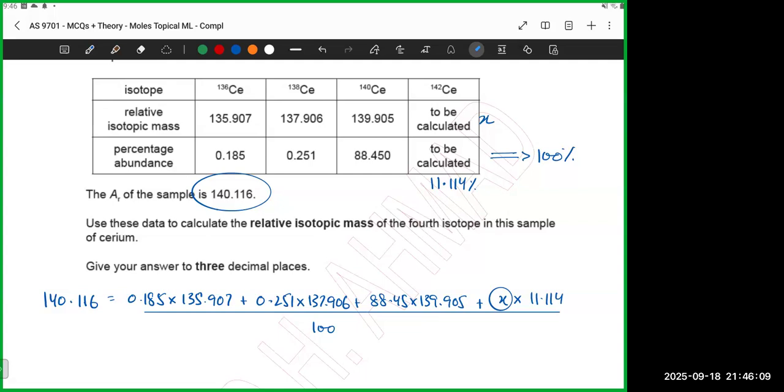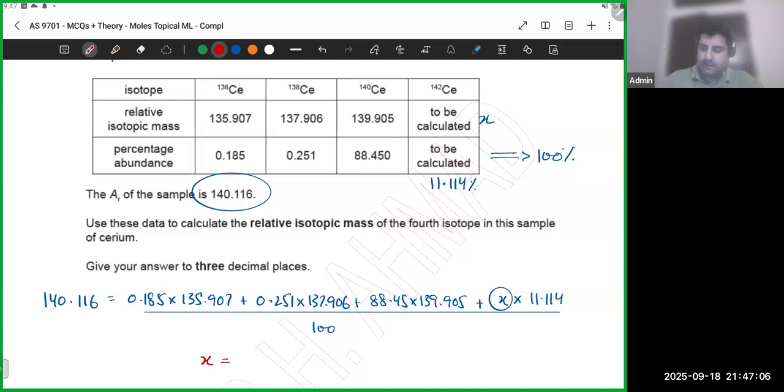Then I am working on it. Okay Ghazia, that's the answer.